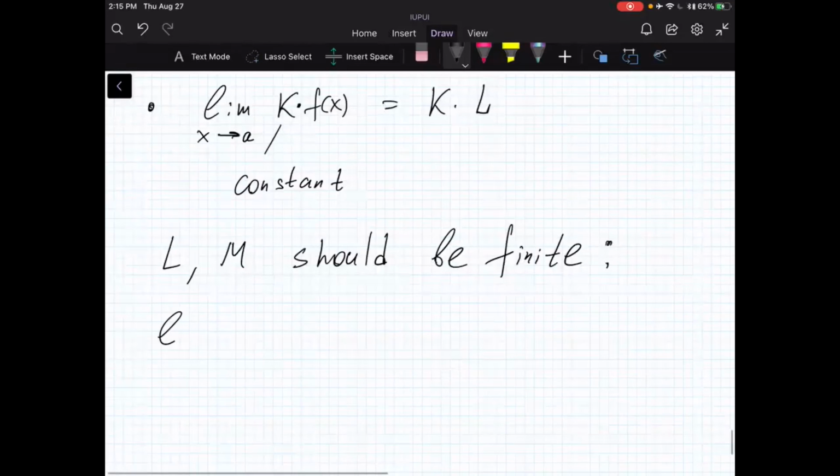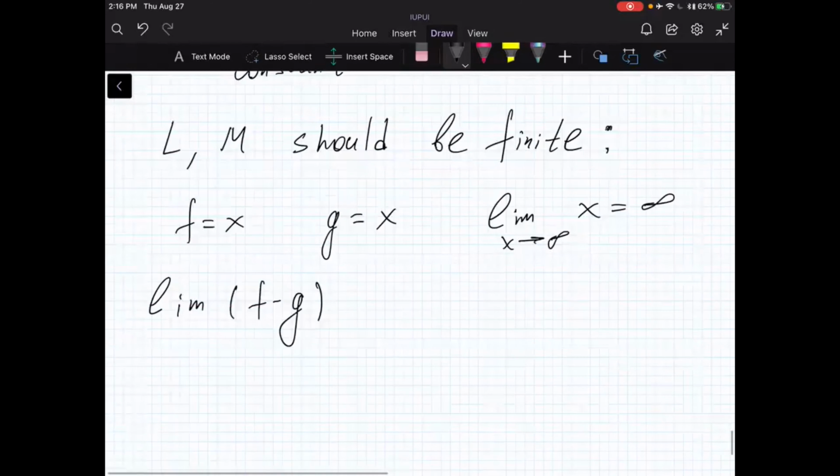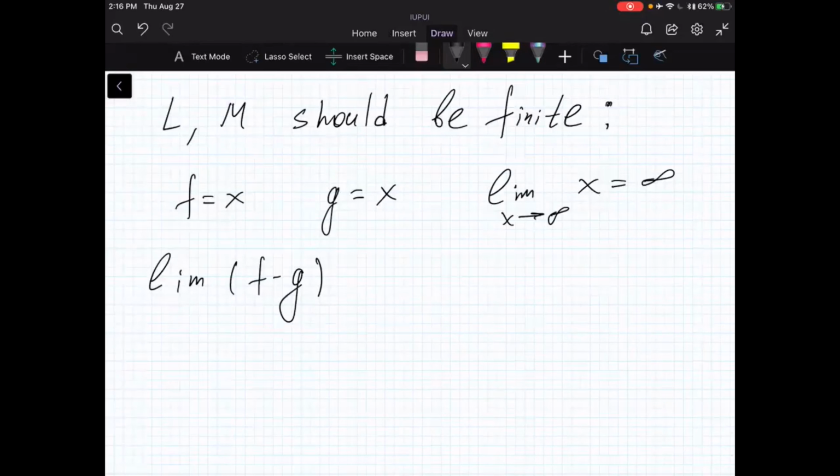Otherwise, let's consider, say, function f is x and function g is also x. Then the limit of their difference, say limit of f minus g, so limit when x goes to infinity of x is of course infinity. And then the limit of f minus g, if you try to apply this, will be infinity minus infinity.